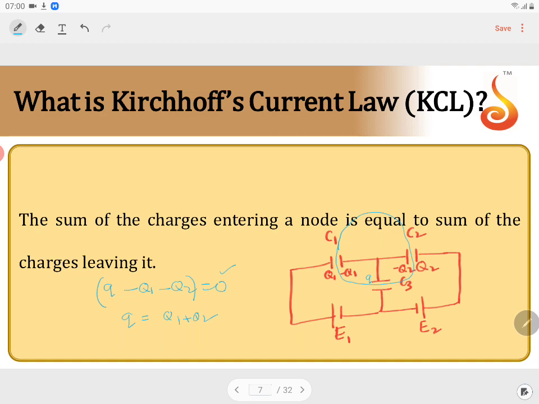Now, this is one point A. That point A is called a node or junction.